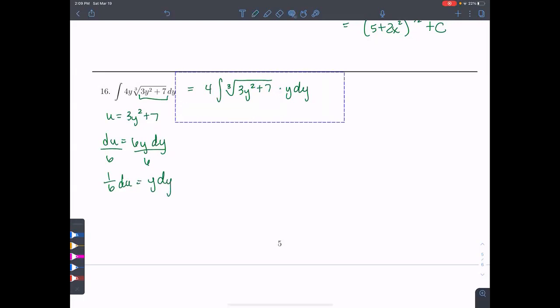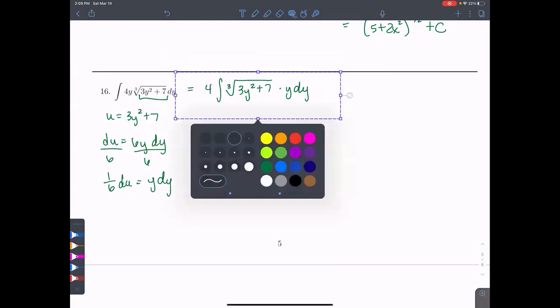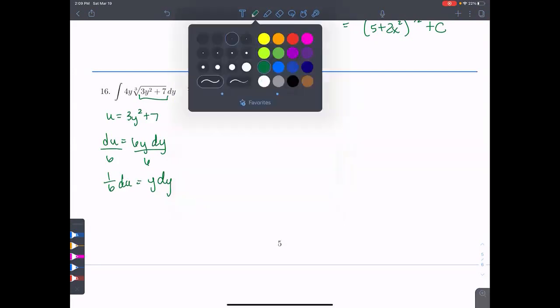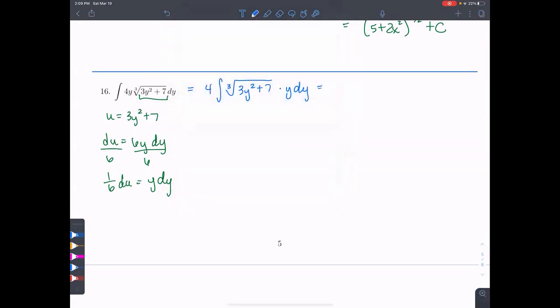And then I can make my substitutions. So I have 4 times the integral of the cubed root of u times 1/6 du. So I'm looking at 4/6 or 2/3, the integral of the cubed root of u du.